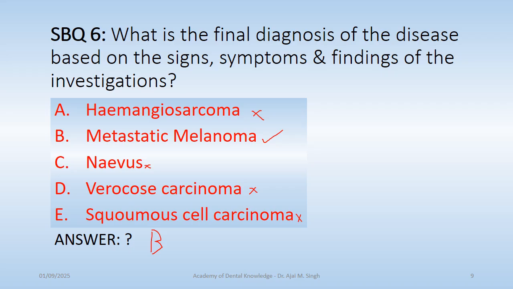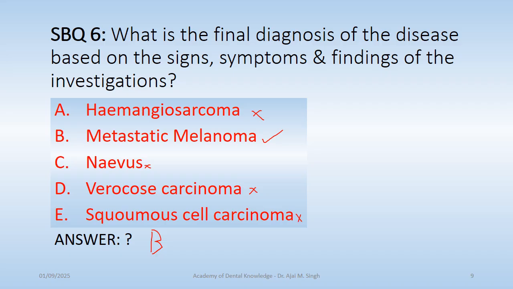Question number 6, based on scenario, what is the final diagnosis of the disease based on the signs, symptoms and findings of the investigation? Hemangiosarcoma? No. Metastatic melanoma, of course, by histopathology and immunohistochemistry we saw in the previous slide.